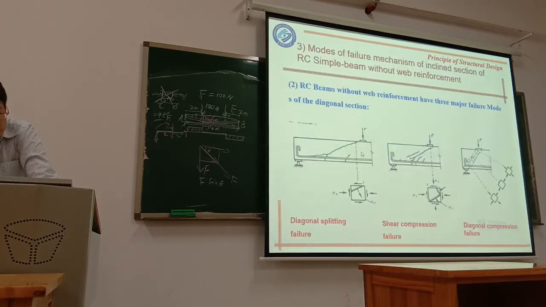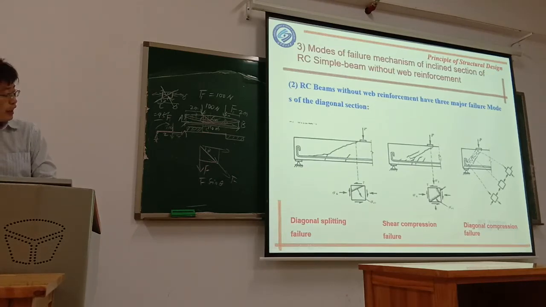See, we got these three different failure modes. This failure mode is a splitting failure mode. In this situation, the shear strength is relatively low because it depends on the tensile strength of the concrete. And for this situation, the load bearing capacity of the inclined section is relatively high.